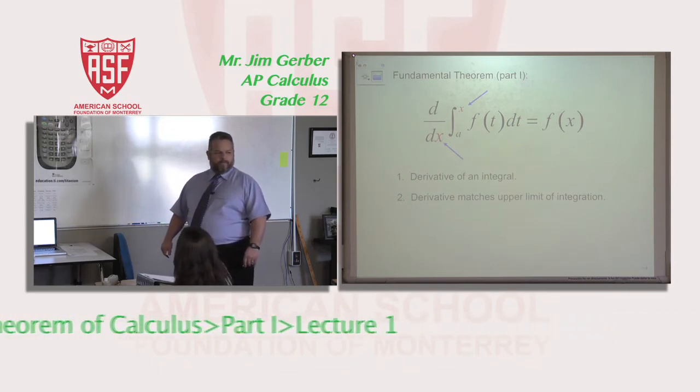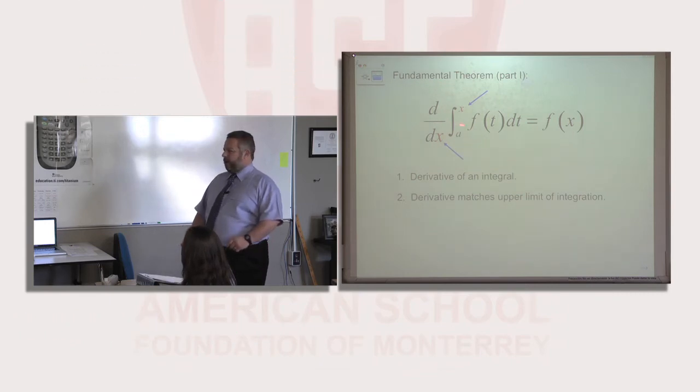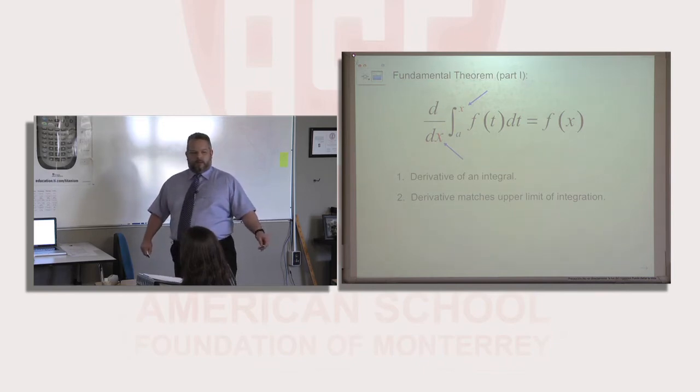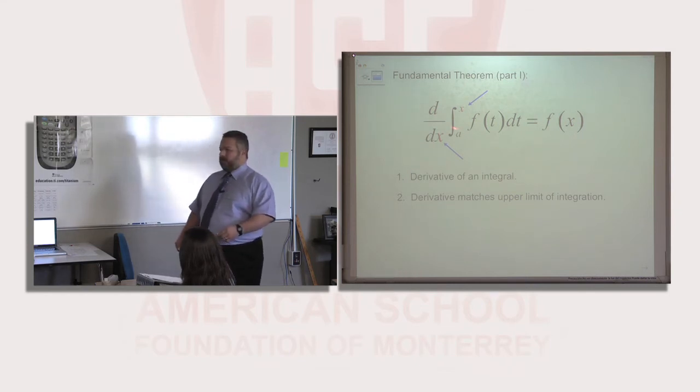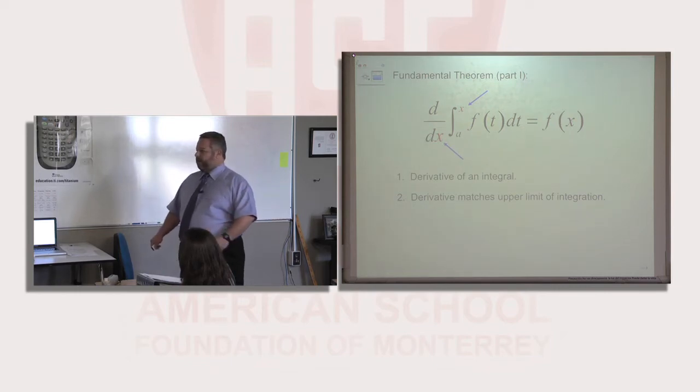I think that's a constant, right? It's technically called a parameter, which means, yeah, it's a constant, but it's not like a 6, which is always 6. But a is a constant. It can be whatever constant we want it to be. This is called a parameter. So the bottom limit of integration has to be a constant.